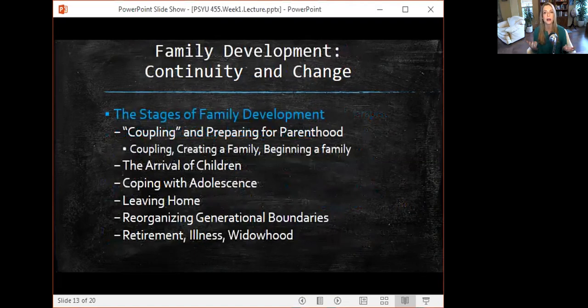Old hierarchical boundaries between parents and children are likely to be replaced by a greater peer relationship as the children reach middle age. And then retirement, grandparenthood, widowhood, chronic illness and caregiving all represent other major adaptational changes for the family system as parents reach old age.